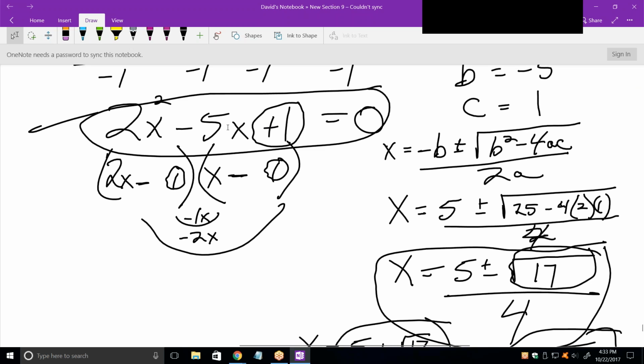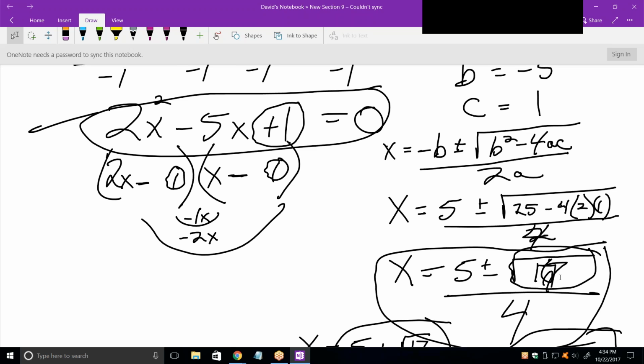So most of the time that you cannot factor a quadratic like this one, you're going to use the quadratic formula and you're going to end up with answers that are under radical signs virtually every time. Had this turned into a 16, that means I could have factored it. Now I'm going to get whole numbers as answers for x, which means I just didn't see the factoring. But it's not 16, it's 17.